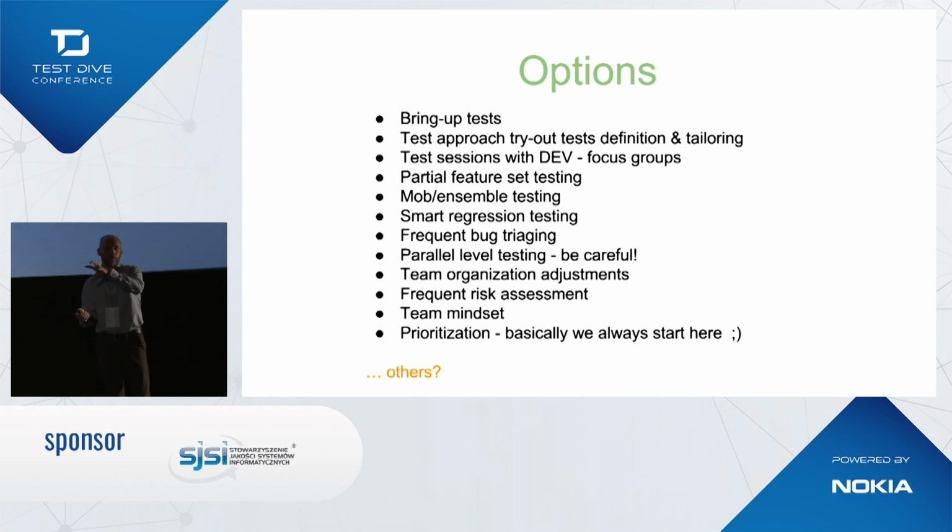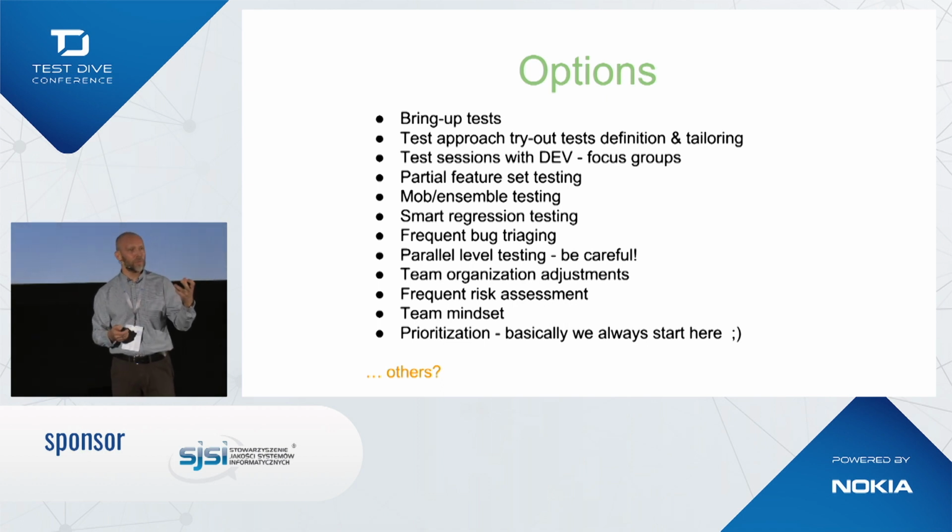We do not have to perform the full regression when something has changed, and we can do this earlier. Frequent bug triaging. So we meet together, we discuss the errors that we have found so far, and maybe some new ideas will come up, or we could trigger some new ideas how to approach a certain feature for testing.